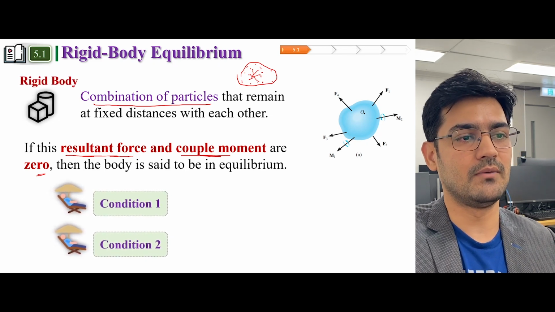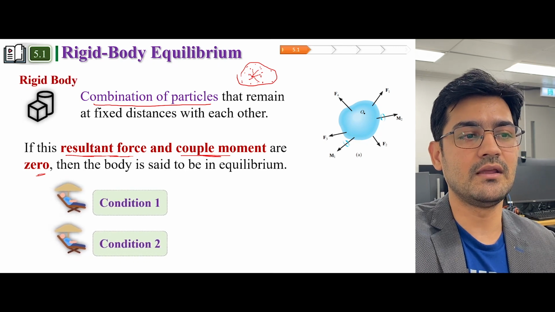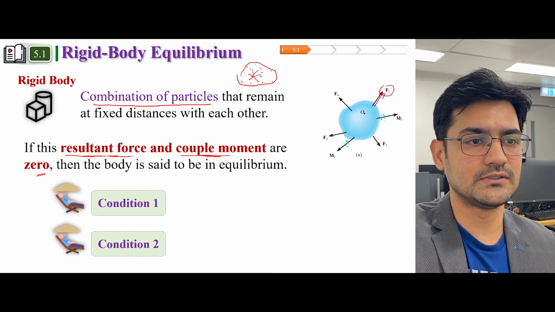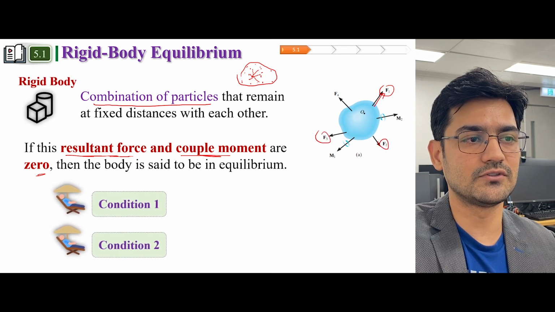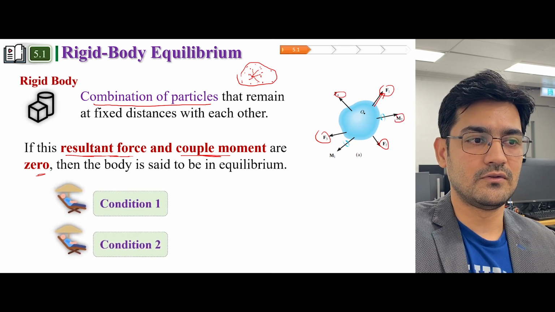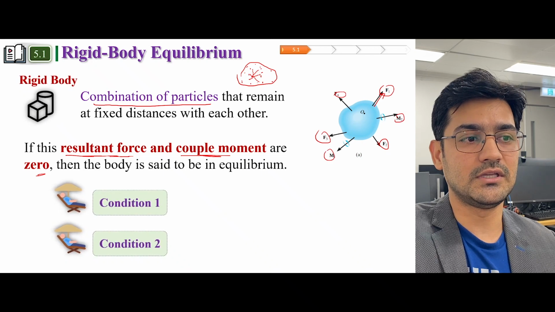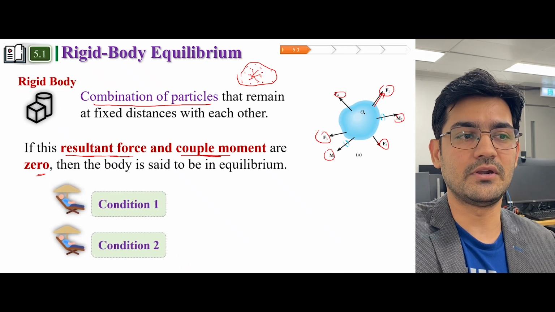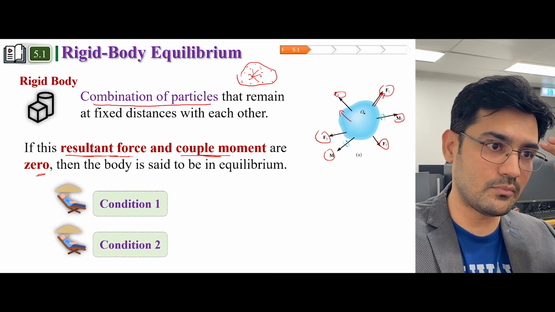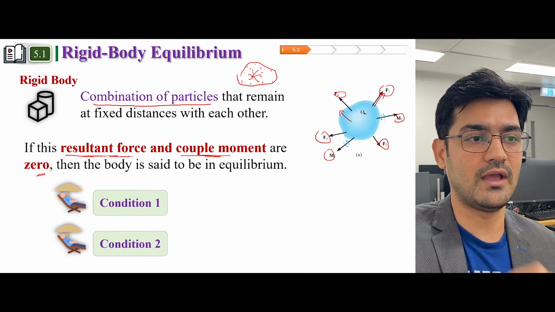is in equilibrium. For example, let's just say this is a rigid body and we have so many forces acting on it. This is force 1, this is force 2, force 3, force 4, and we also have moments, because if the force is not acting on the arbitrary point O, if the force is acting some distance to that arbitrary point O, then in addition to forces, you will also have moments.